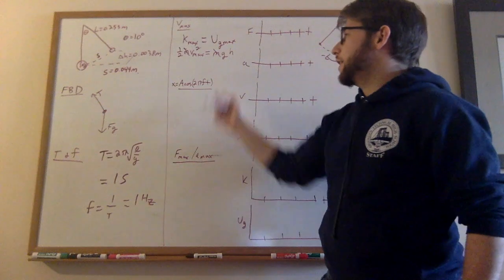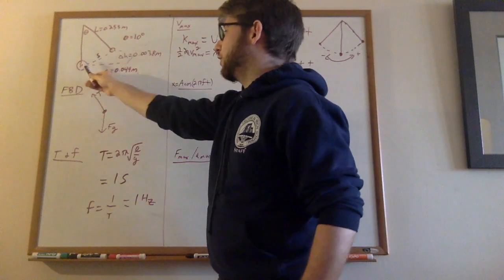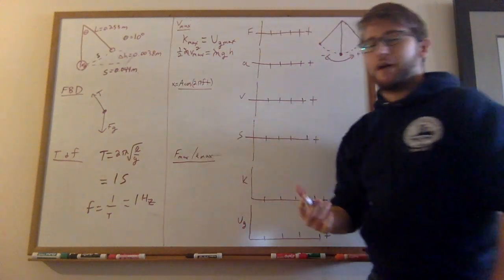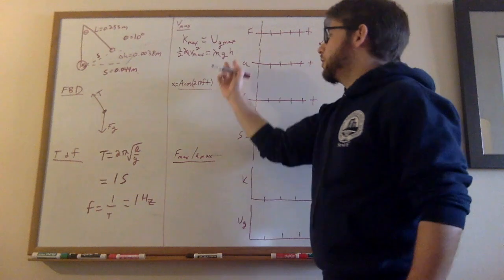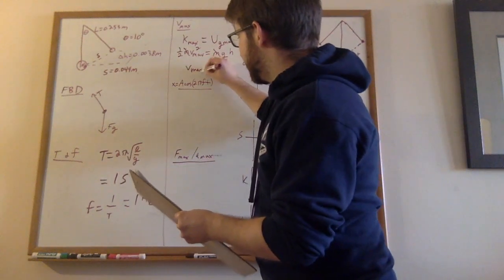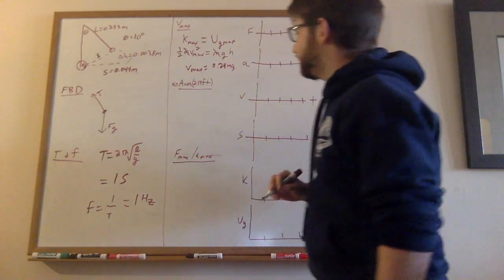But notice how here in our energy, this delta H has to do with this change in height, which is related to this arc length, but not equal to. So just make sure you watch out for that. Putting in those values, I get a maximum speed of 0.28 meters per second.